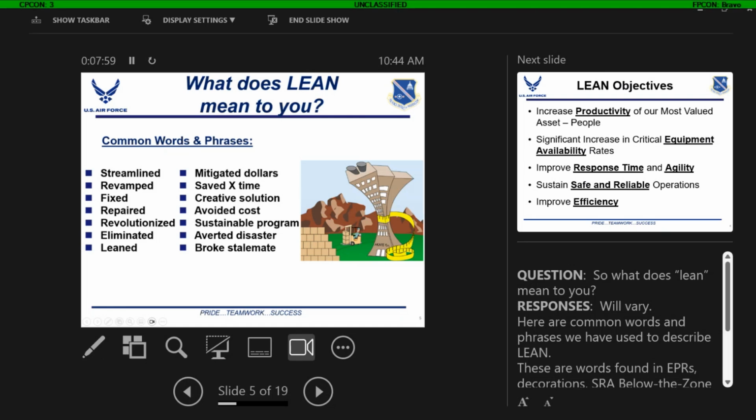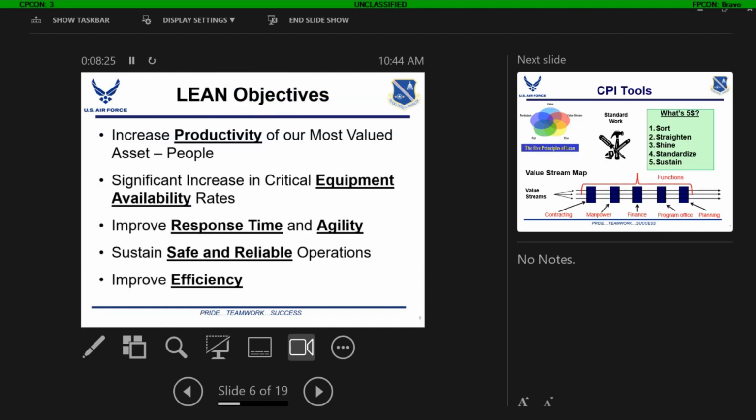Things like streamlined, avoiding cost, eliminating waste, averting disaster. You'll see that there are other ones that are associated with lean, but in essence, lean is all about having a more efficient and effective program.